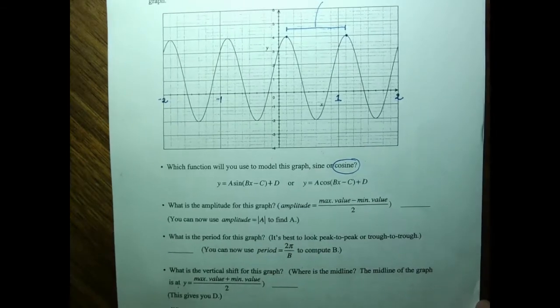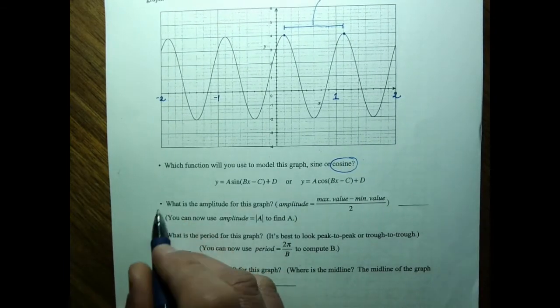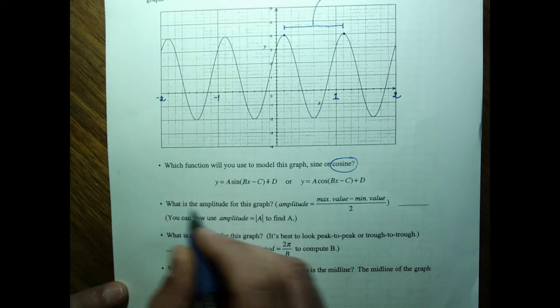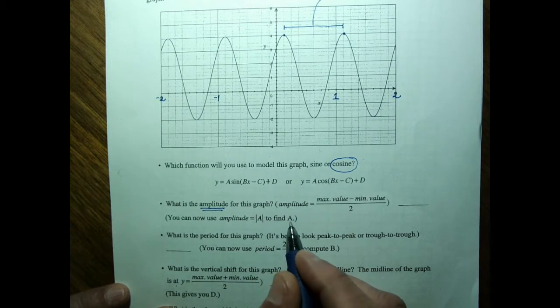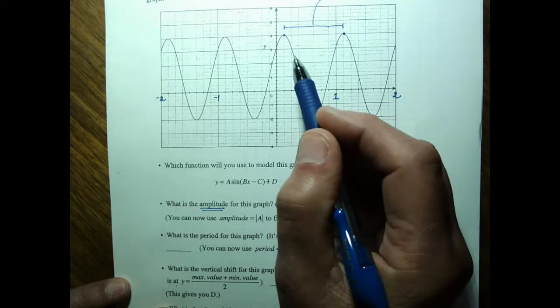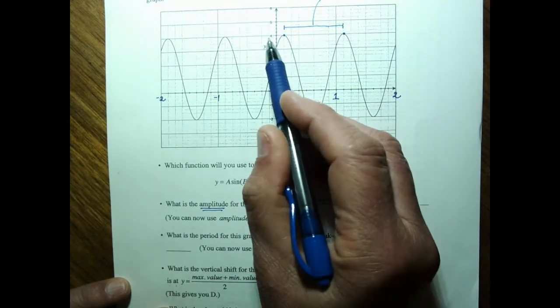Now let's get back to the steps as outlined on this handout, because the question on the handout is they're asking us first to determine the amplitude of this wave, and the amplitude is going to give us our a value that we want to work with. The amplitude is not 4.